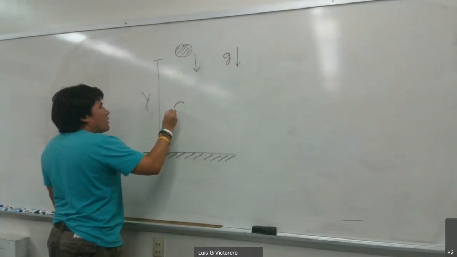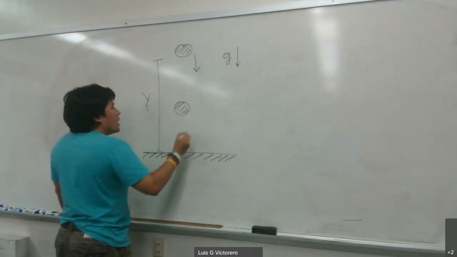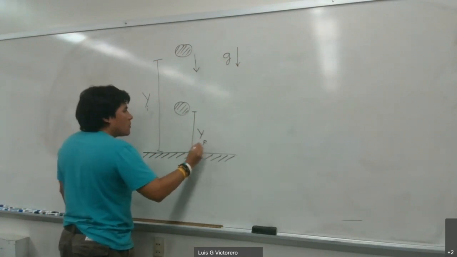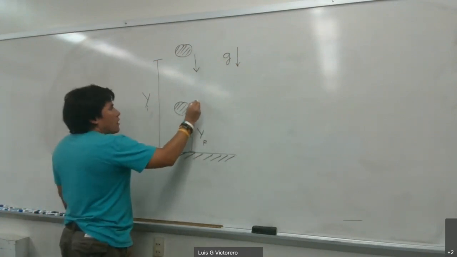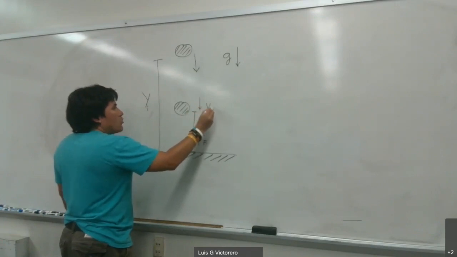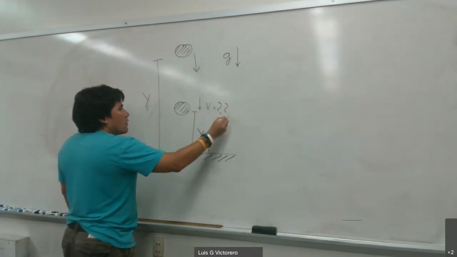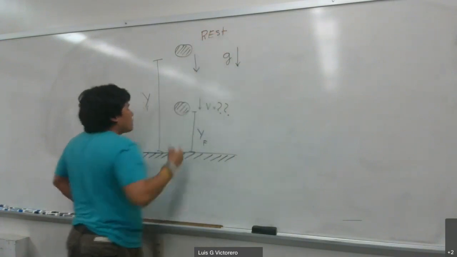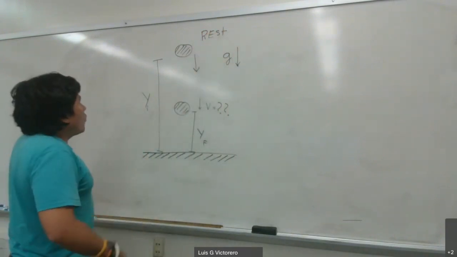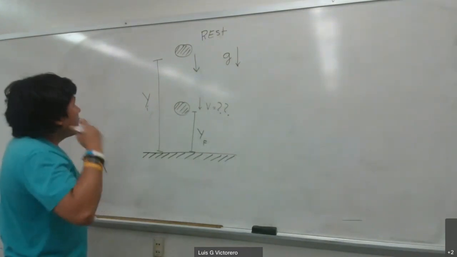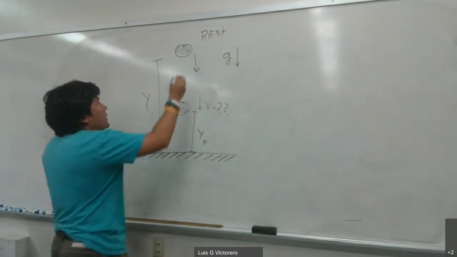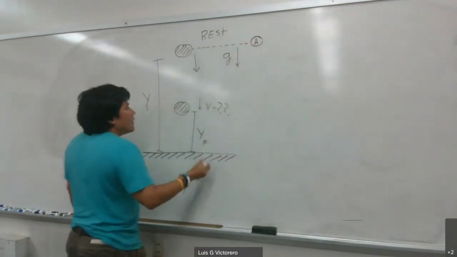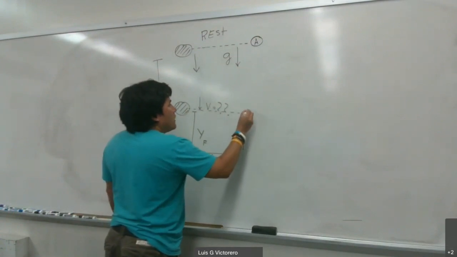And it's going to be here now at a certain final position. We're going to find the velocity here. Now let's say this is at rest. If we have a problem like this, the first point of interest is here. So this will be your point A. And this will be your point B.